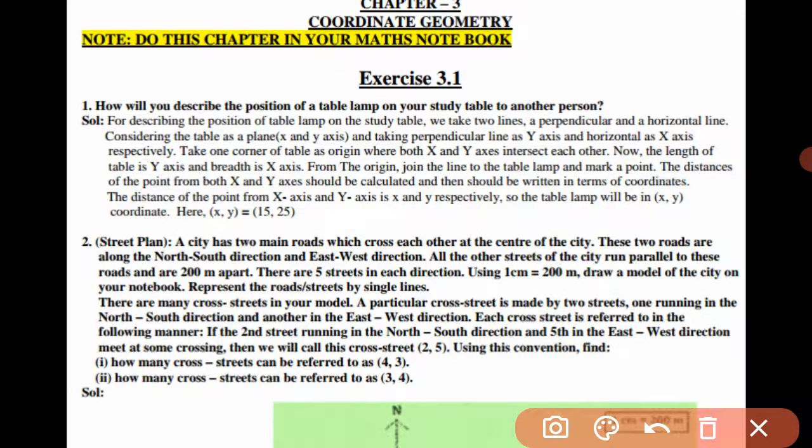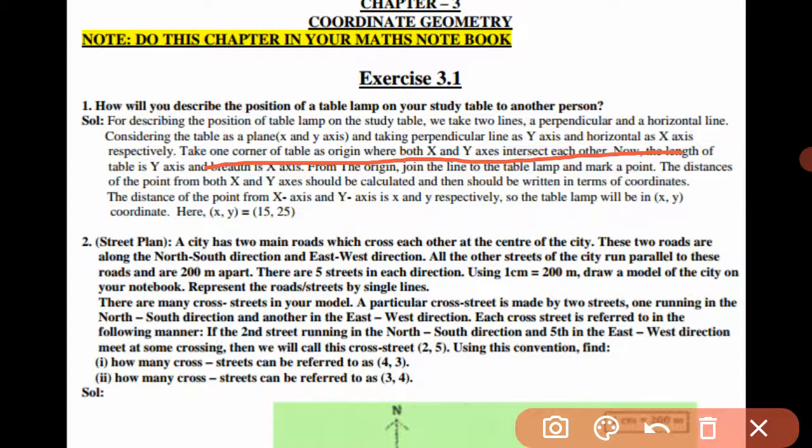So for describing the position of the table lamp on the study table, we take two perpendicular lines, one horizontal and one vertical. Consider the table as a plane and take one corner of the table as the origin, where both the x and y axes intersect each other.